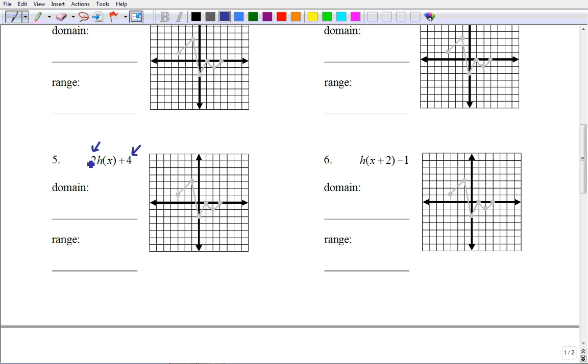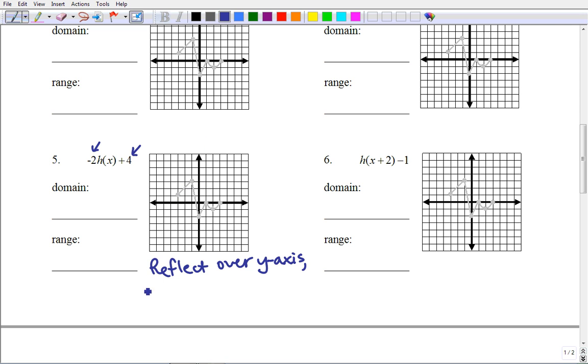So let's write down what the transformation is. So we're multiplying the y values by -2. That's actually going to do two things at once. Multiplying a y value by a negative number is going to reflect it over the y-axis. So we're going to reflect over the y-axis, and then multiplying by the 2 is going to stretch.